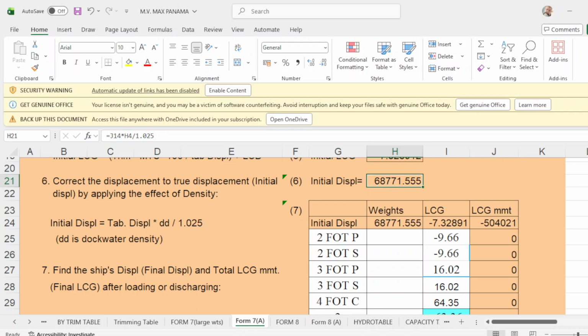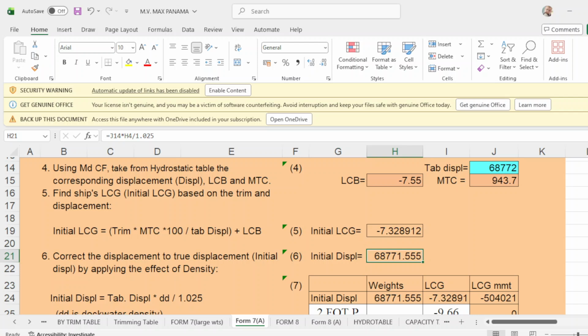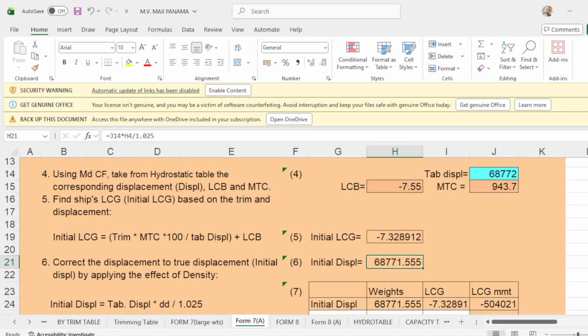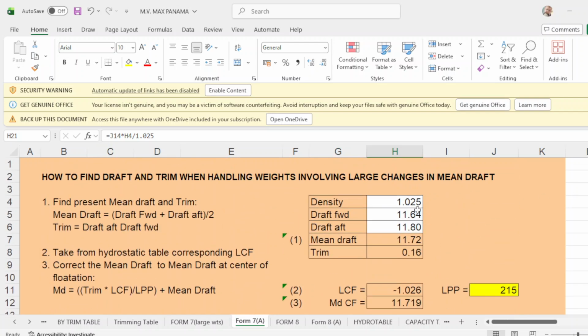What is your J14? J14, which is your displacement here, okay, times H4, your local density of 1.025 over 1.025, which is constant. Okay, that will be how much?